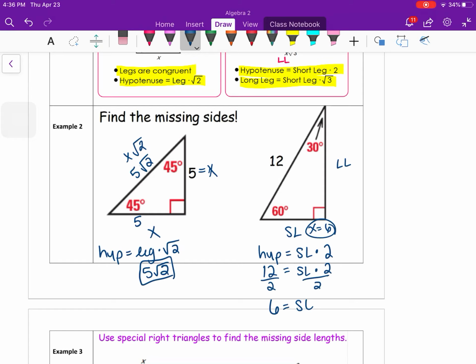Then, since you know what the short leg equals, you can do the long leg, because the long leg is equal to the short leg times the square root of 3. So the long leg is equal to 6 times the square root of 3. So 6 square roots of 3 for that side. So we have 6 square roots of 3, and 12.